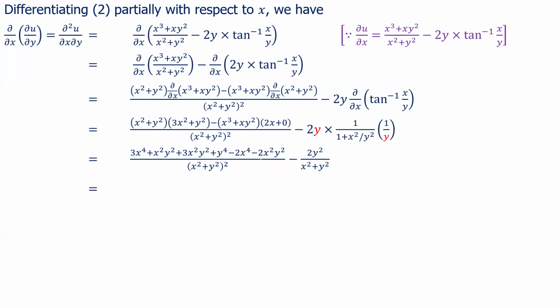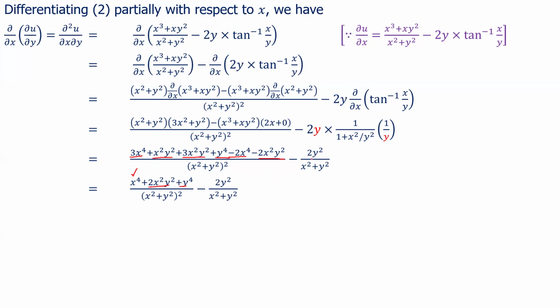Okay, let us again simplify it. 3x to the power 4 minus 2x to the power 4 is only x to the power 4, since 3 minus 2 is 1. Similarly, x square y square: 3x square y square plus x square y square is 4x square y square, minus 2x square y square. So 4 minus 2 is 2x square y square, and plus y to the power 4.